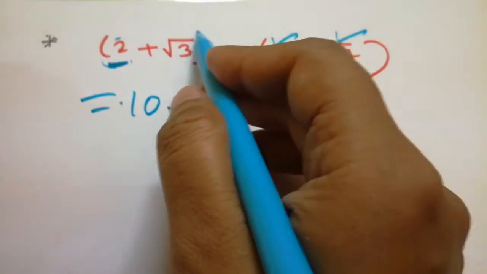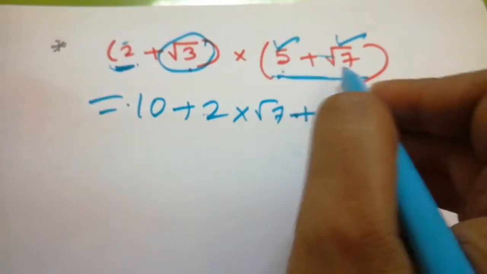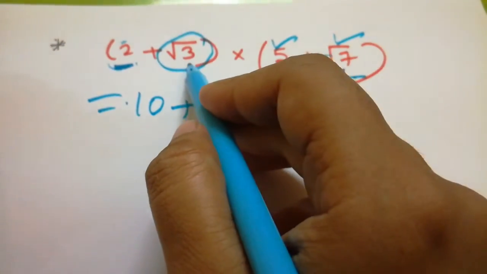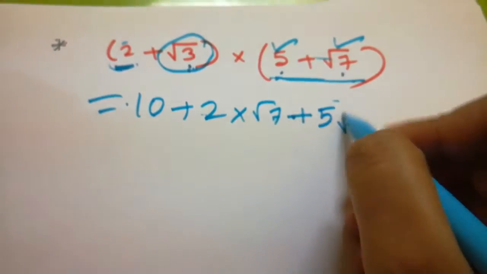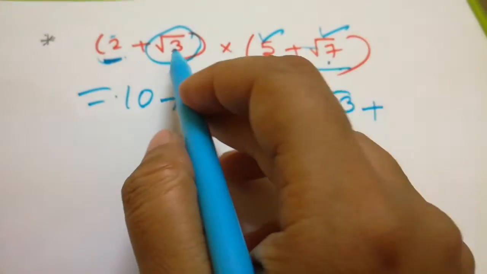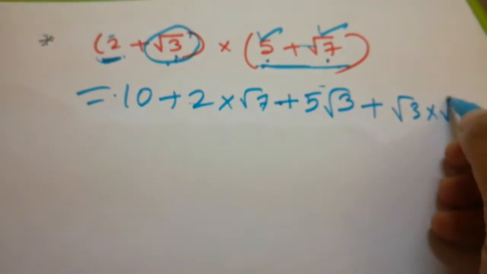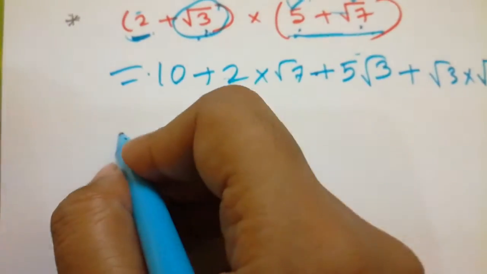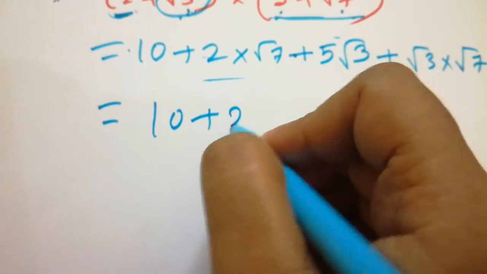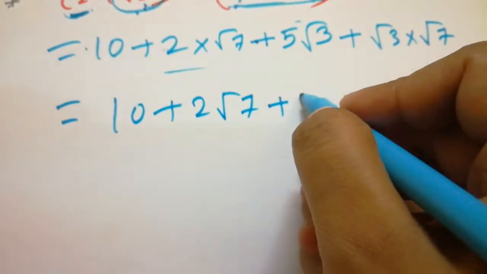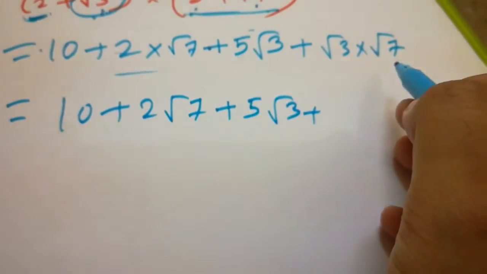And again we multiply root 3, first by 5 and then by root 7. That is root 3 into 5, that is 5 root 3, plus root 3 into root 7. So it equals 10 plus 2 root 7 plus 5 root 3 plus root 3 into root 7.